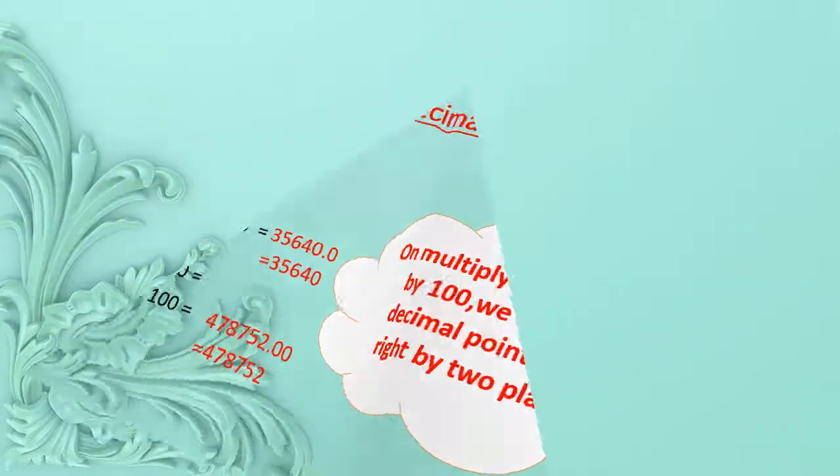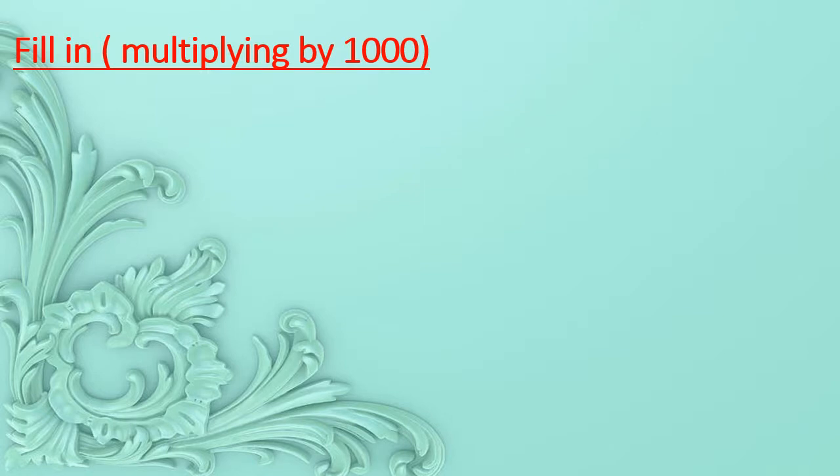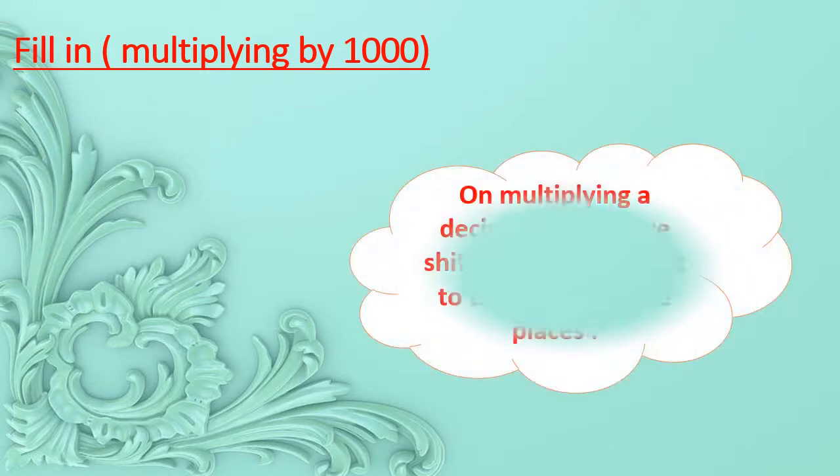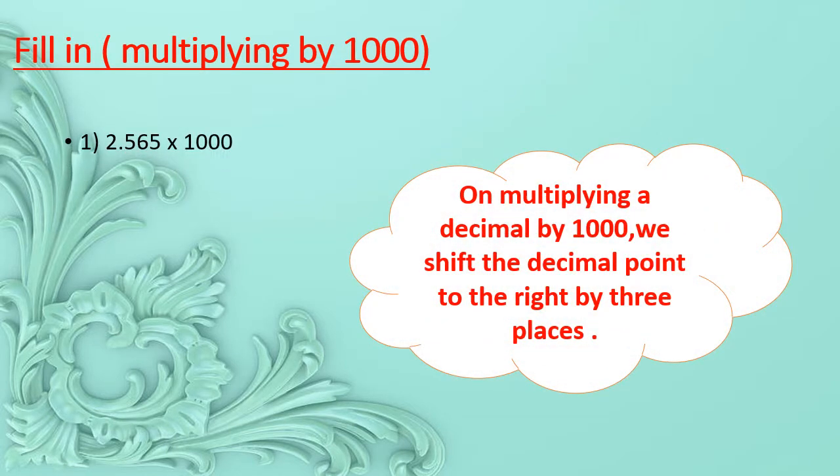The same will happen in multiplying by 1000. We can take one example here, 2.565 multiplied by 1000. Here students, in 1000 we are having 3 zeros. So whenever we are multiplying by 1000, we will shift the decimal point to the right by 3 places.